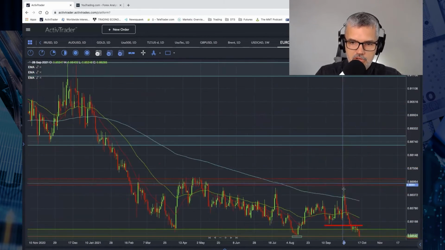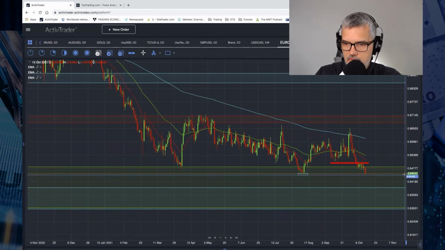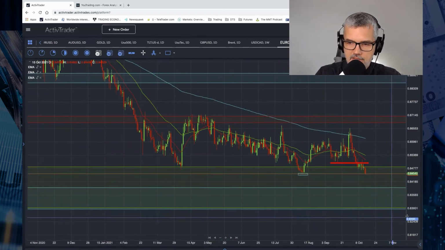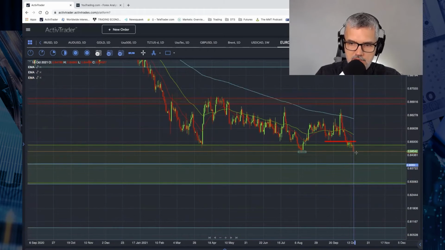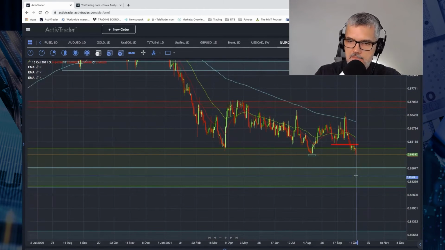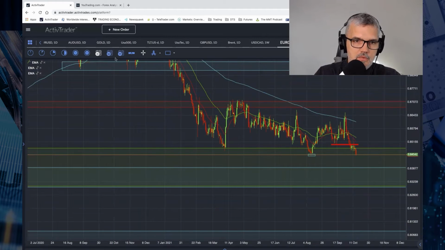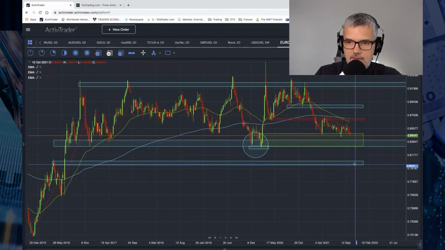And then we get pushed down into this demand zone between 0.847 and 0.83. So there's a good chance that we keep going down, just testing this stuff. But if we get an acceleration, we go back to the weekly chart and we're just going to target this.